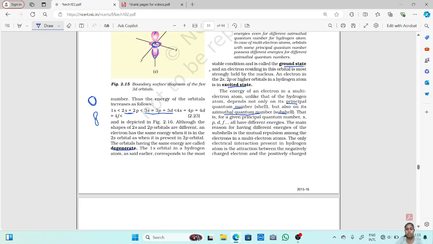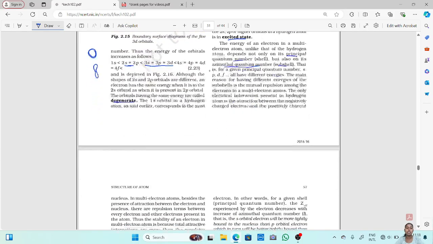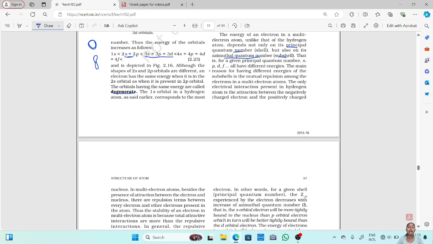The only electrical interaction present in the hydrogen atom is the attraction between the negatively charged electron and the positively charged nucleus, because it contains only one electron and one proton. But atoms higher than hydrogen have two or more electrons, which repel each other.